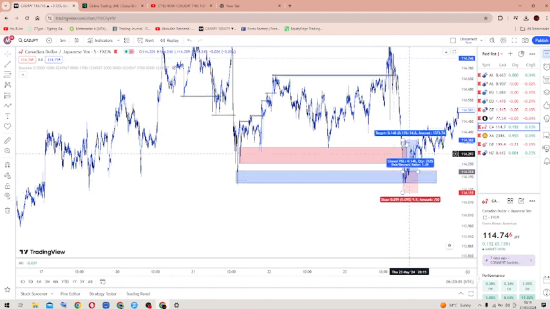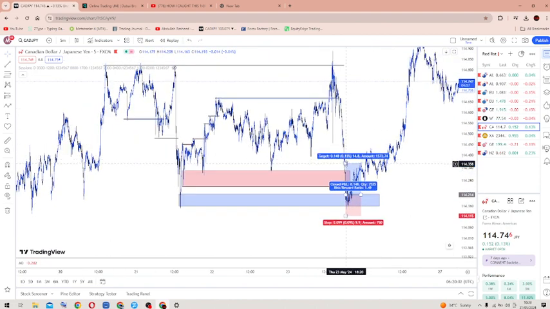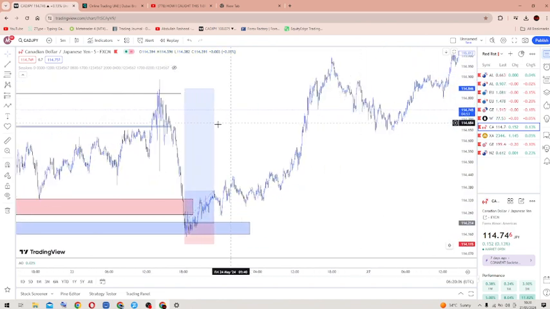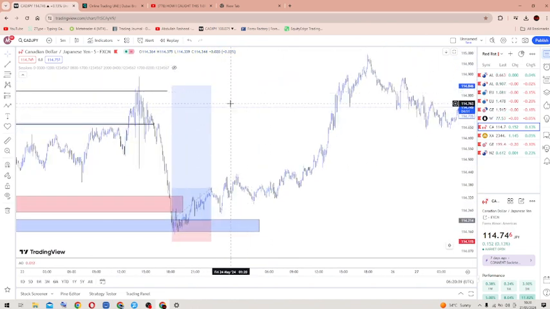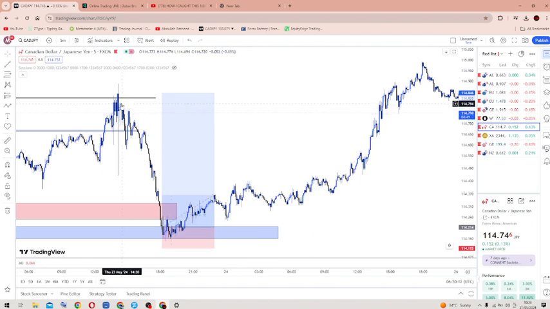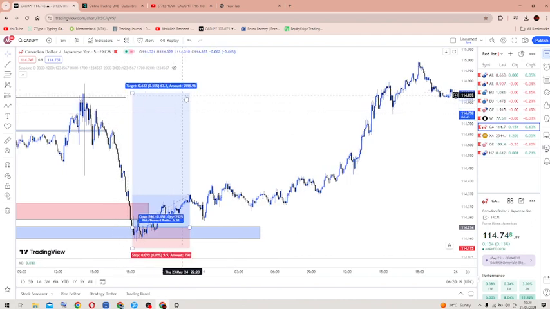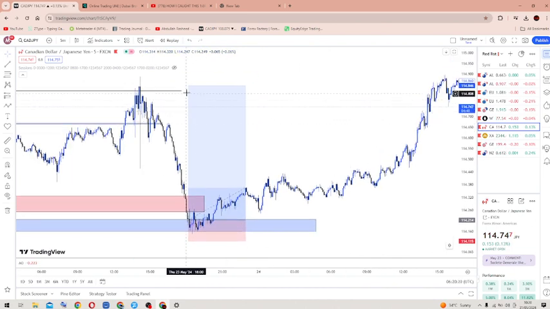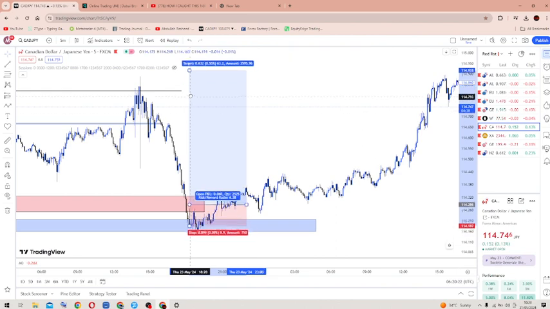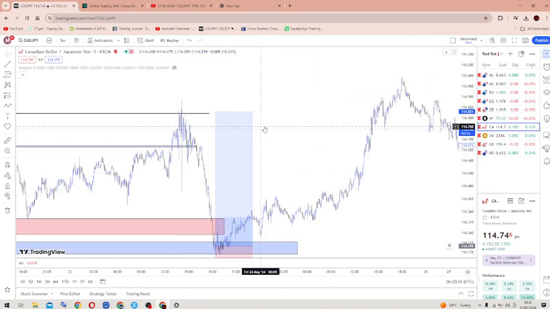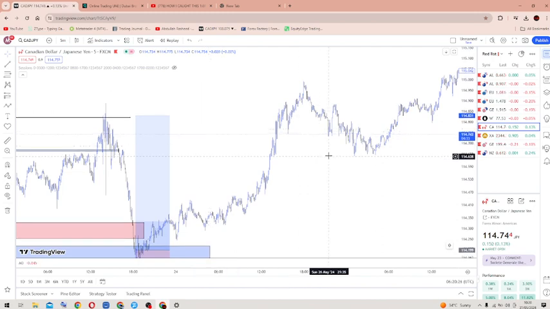I used 10 pips stop loss, and then I was waiting for price to take out this high, because I knew obviously price will take out this high, because we closed above here before, so price was going to close above it. But I didn't hold to this point though. I went out at a 1 to 4.